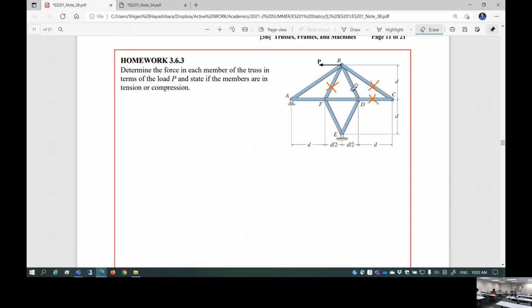So let's reconsider. Suppose you eliminate those two first, what are the other options for zero force members? You can eliminate this, isn't it? So those 3 can be eliminated. So the only essential force member is this one. Okay. Then you're going to get started. Start with the support reactions maybe in this case. I don't know.